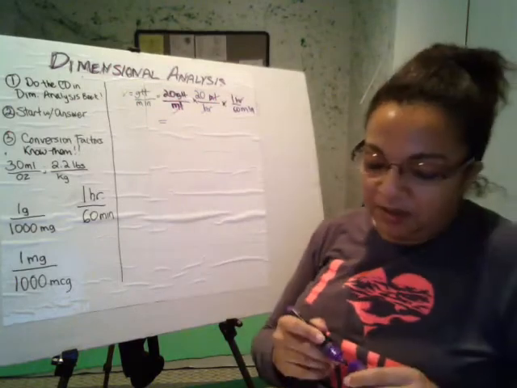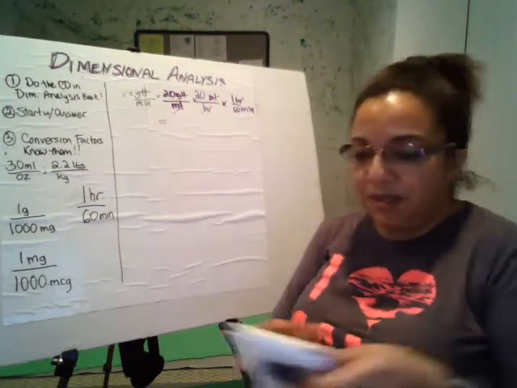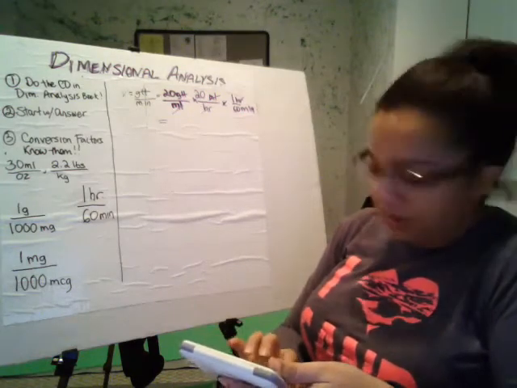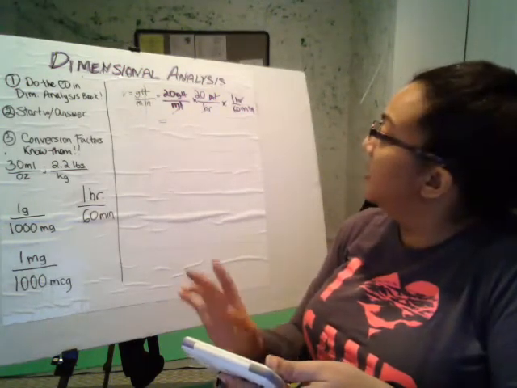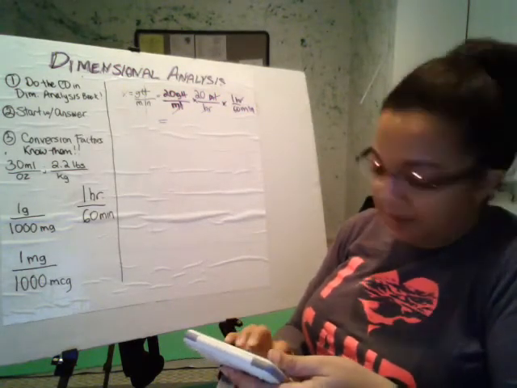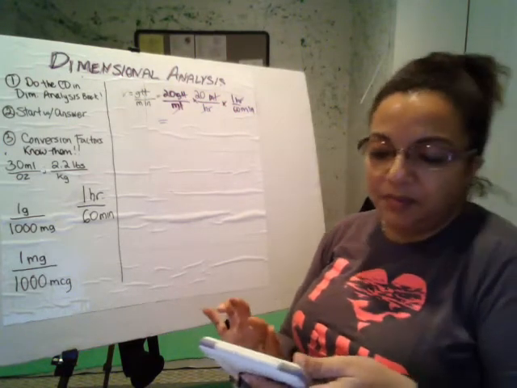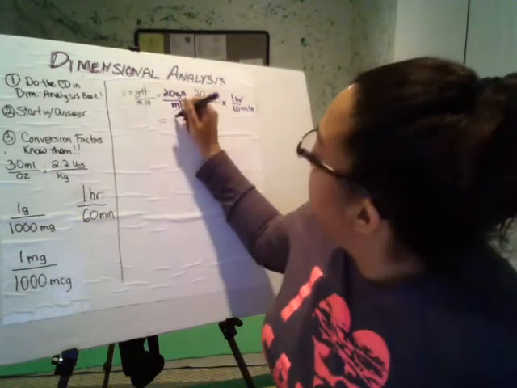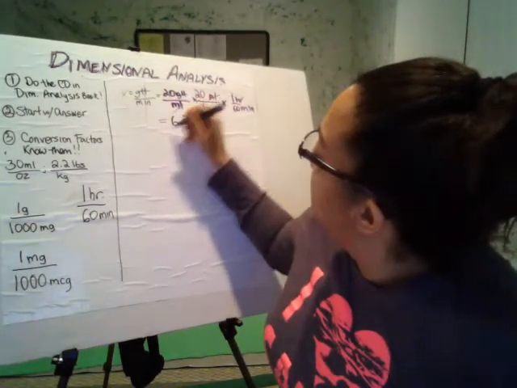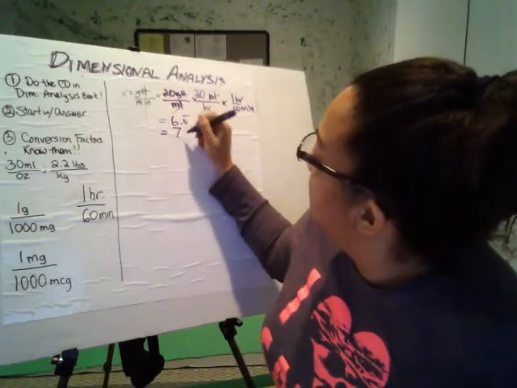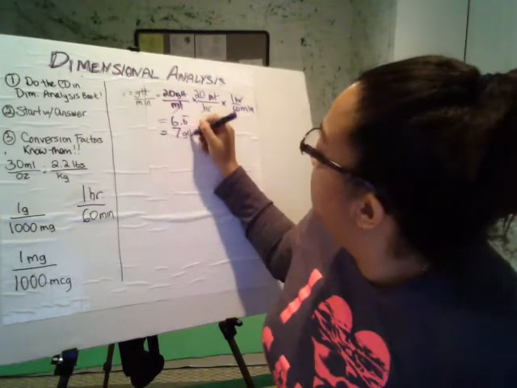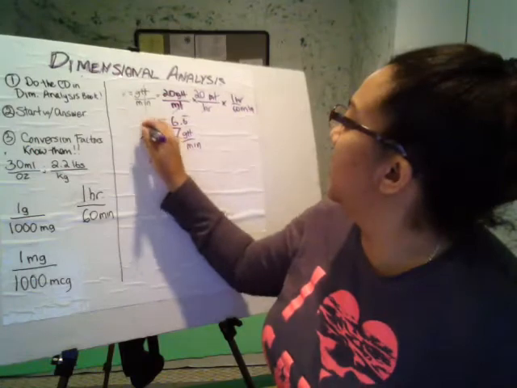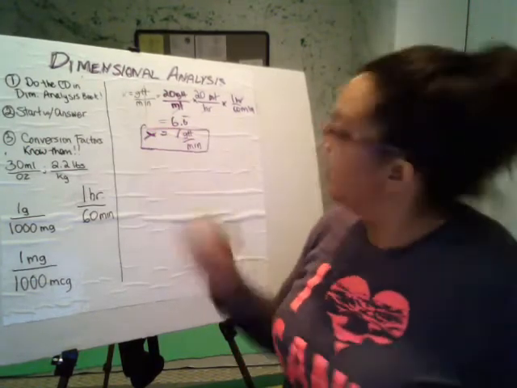Now it's just a matter of doing the math, being consistent. 20 times 20 divided by 60. Paid ladies 6.6, blah, blah, blah, which rounds to 7 drops per minute. Give me my point.